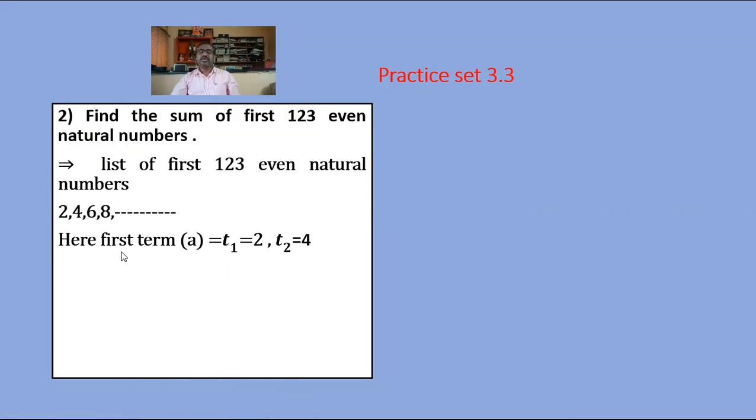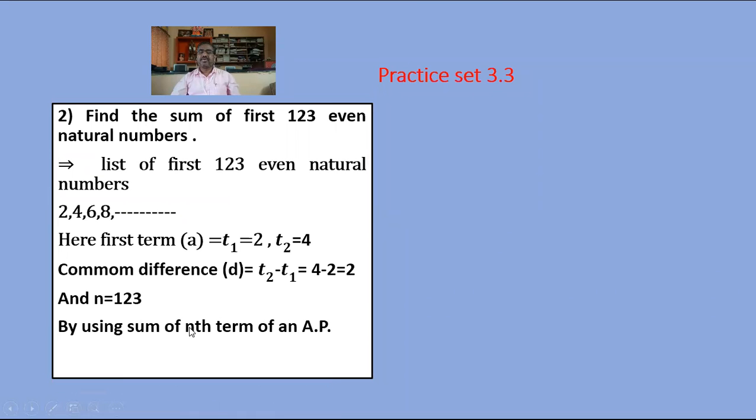Therefore, first term a is equal to t1 is equal to 2, t2 is equal to 4, common difference d is equal to t2 minus t1, 4 minus 2 is equal to 2. समनैसर्गिक संख्या एकूण 123 आहेत, म्हणून n is equal to 123.